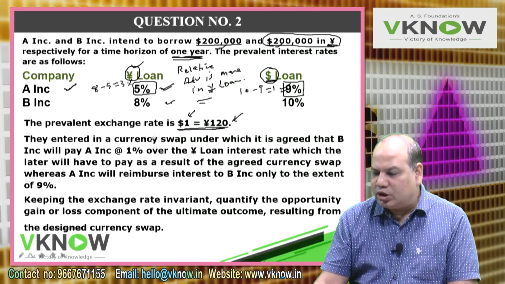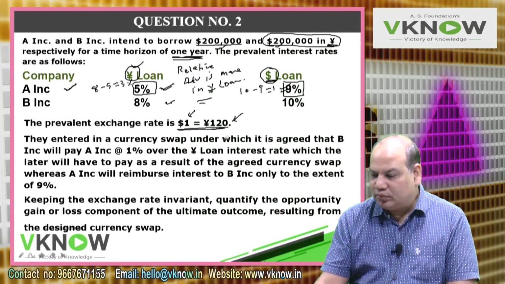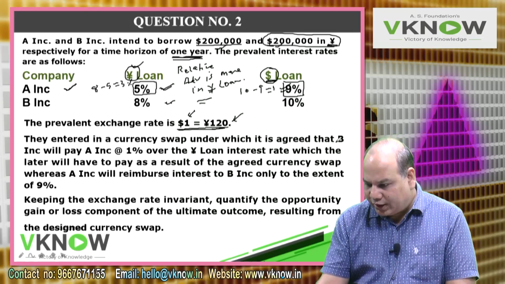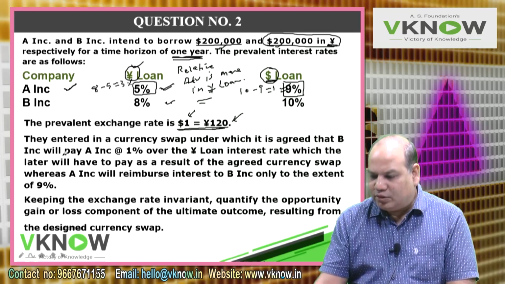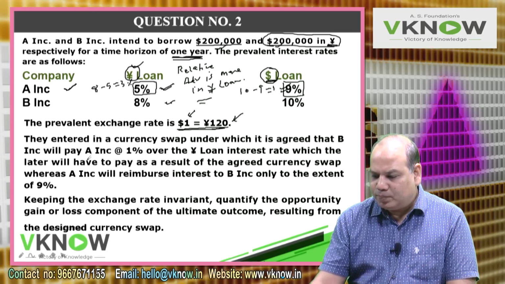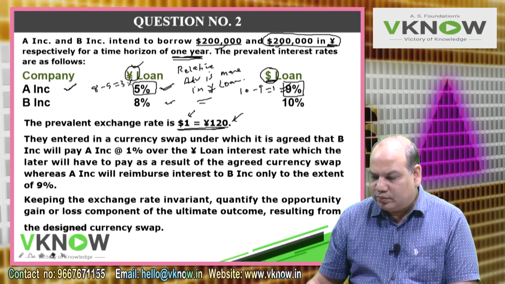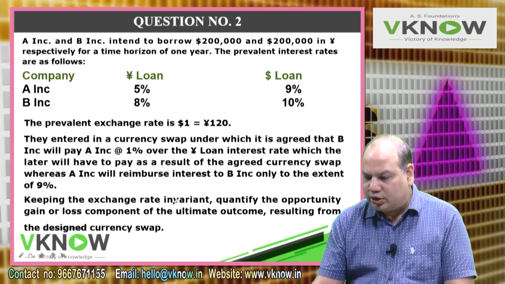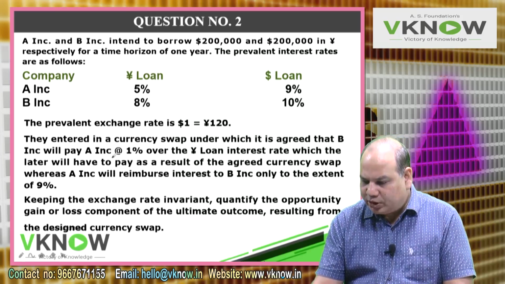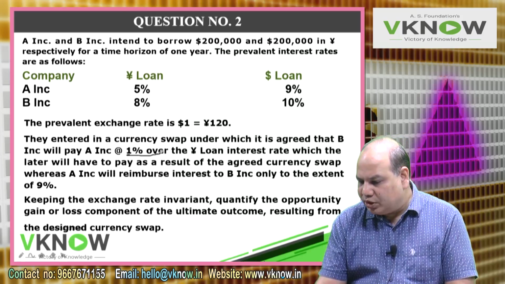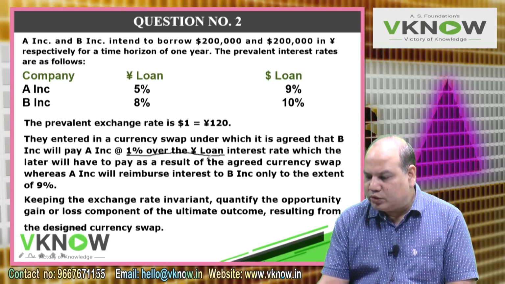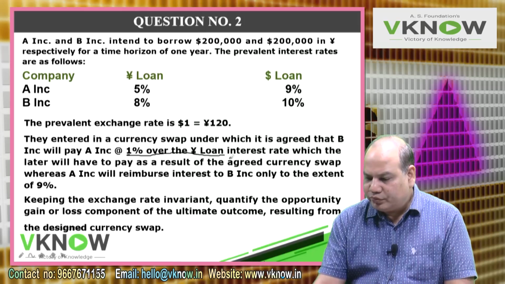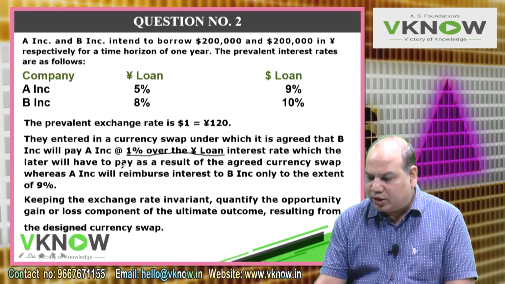They entered into a currency swap under which it is agreed that B will pay to A 1% over the yen loan interest rate, which the latter will have to pay as a result of the agreed currency swap.